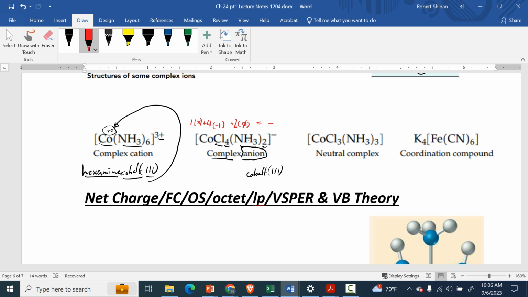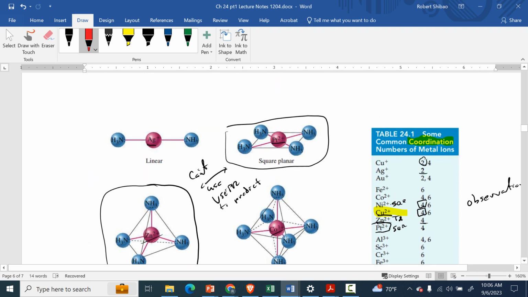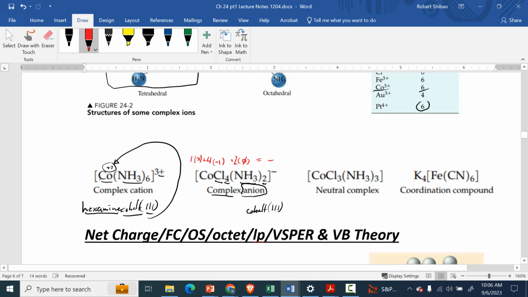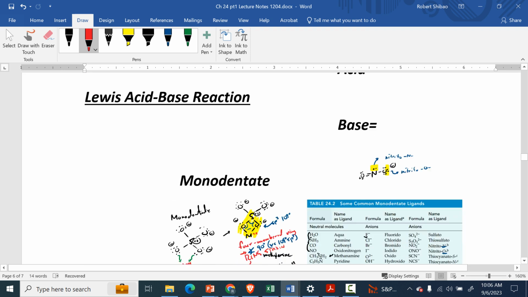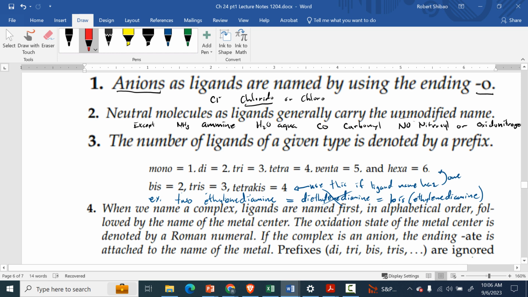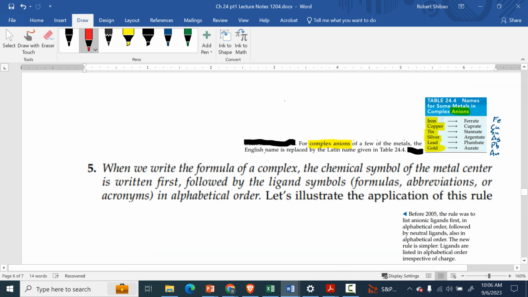But this is an anion complex. Whenever we have a complex anion, we have to change the name. Cobalt's not one of the special ones. The special ones that we covered were argentate, aurate, plumbate. Do you guys remember those? These ones get the special treatment.